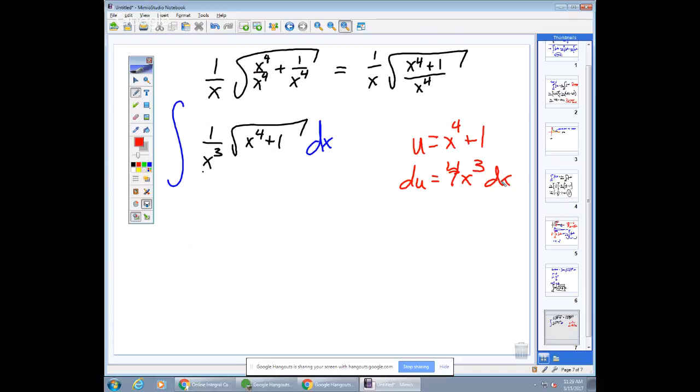Yeah, the x cubed is in the wrong spot. Darn it. We can't do that. Can't have a 1 over du. Not quite ready for that. We've got to struggle a little more before we whip out that tool.